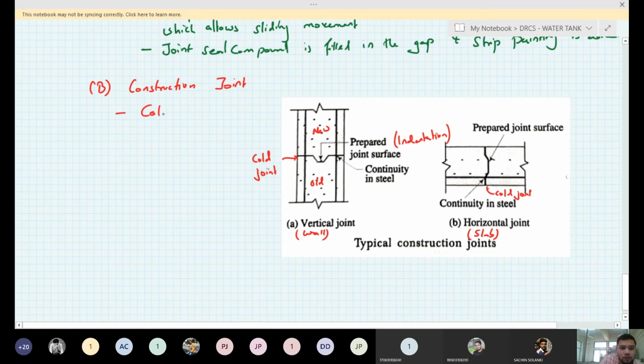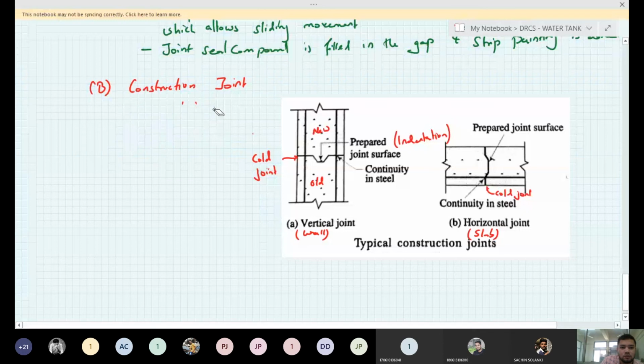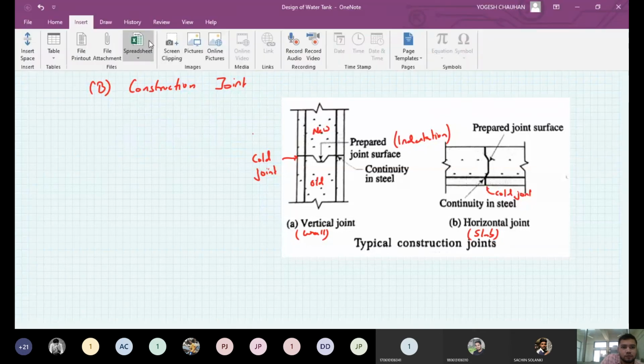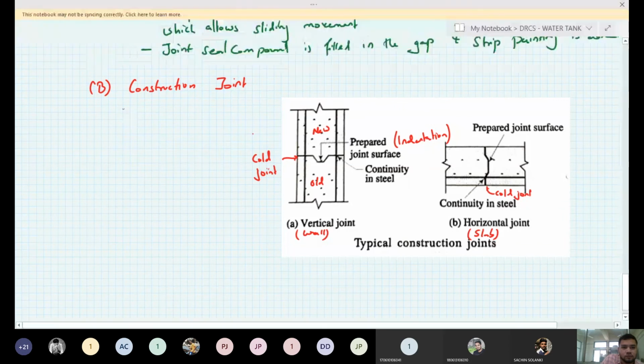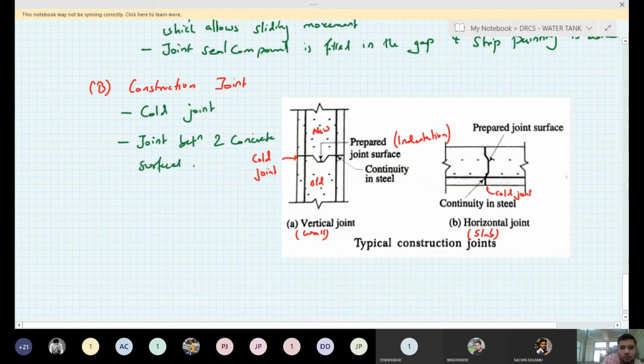Okay, so this is also called cold joint, and usually it is the joint between two concrete faces, between two concrete surfaces cast at different times.